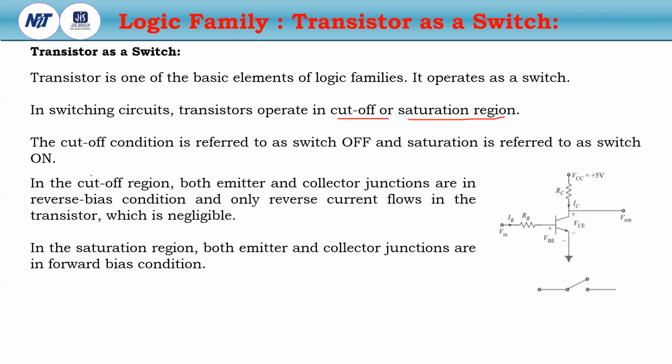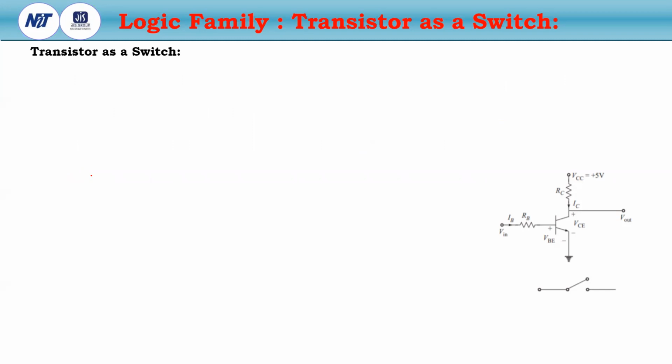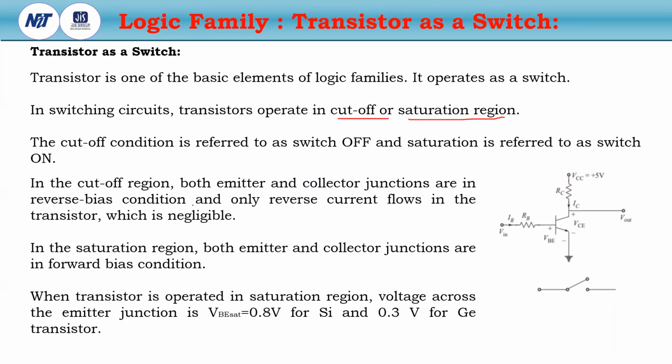In the cutoff region, both emitter and collector junctions are in reverse bias condition, and only the reverse current flows in the transistor, which is negligible.